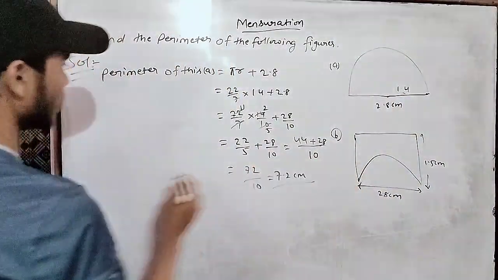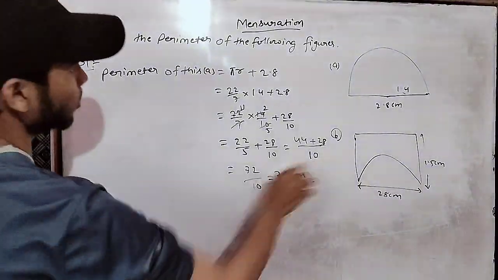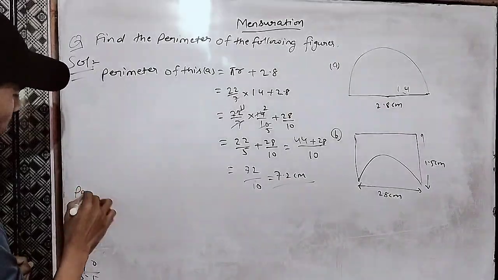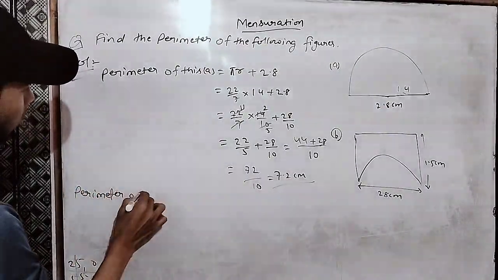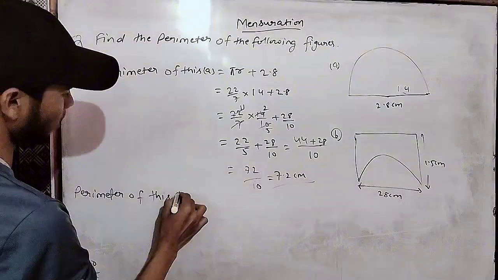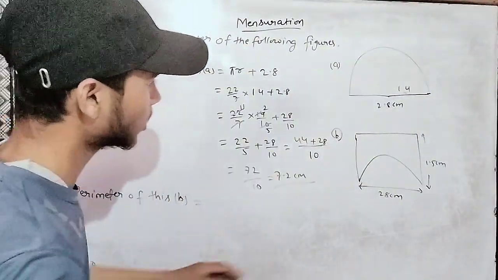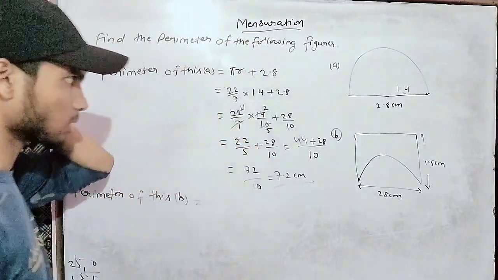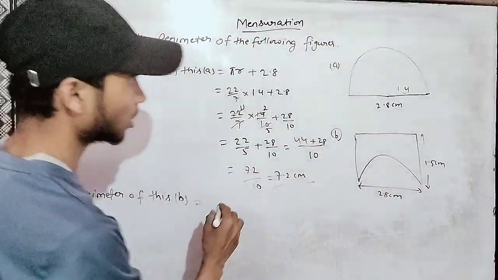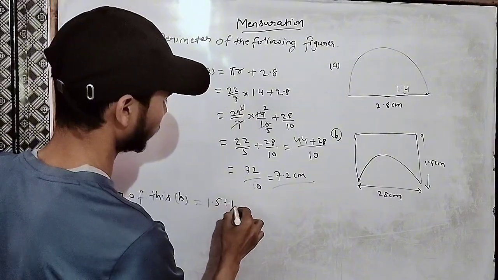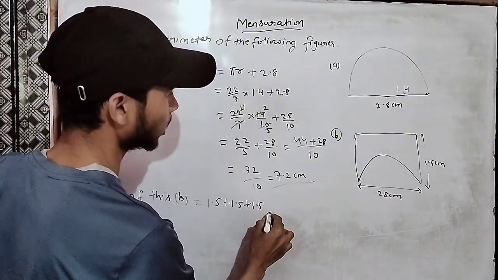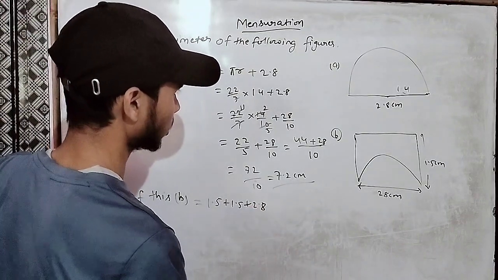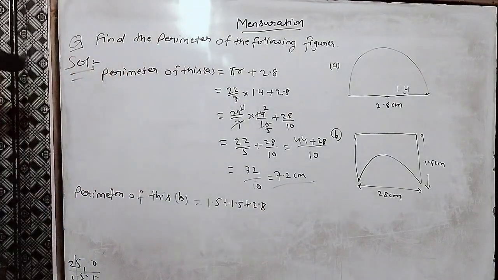Clear? Now let's move to this. The perimeter of this B. Here we have a semicircle and a rectangle. The sides are 1.5, 1.5 and 2.5, two times only for the 2.5.